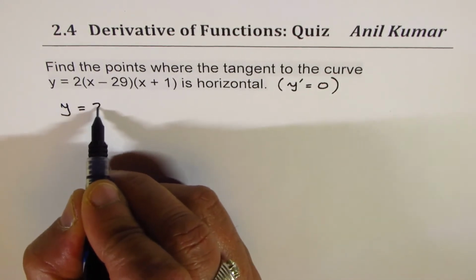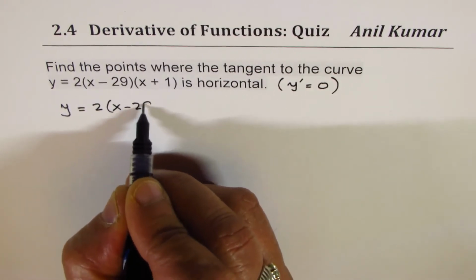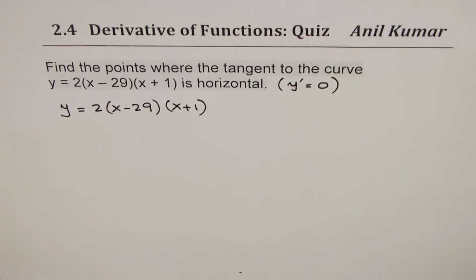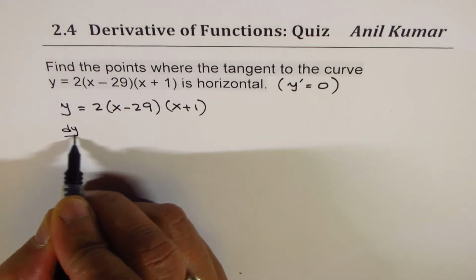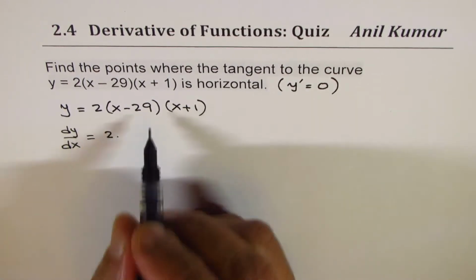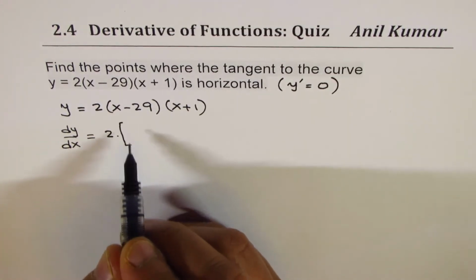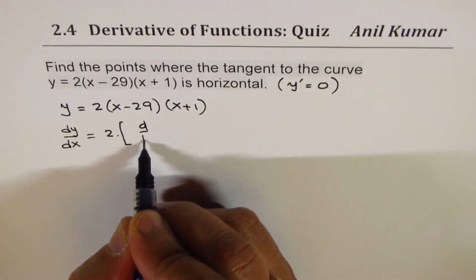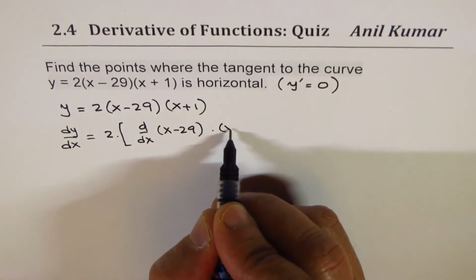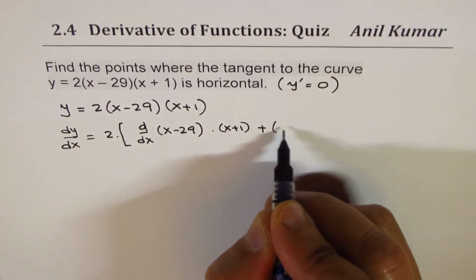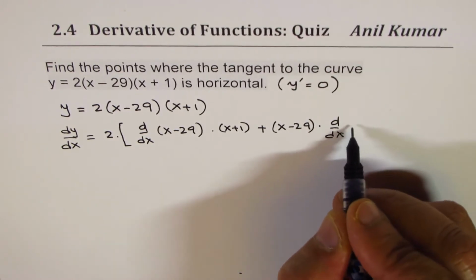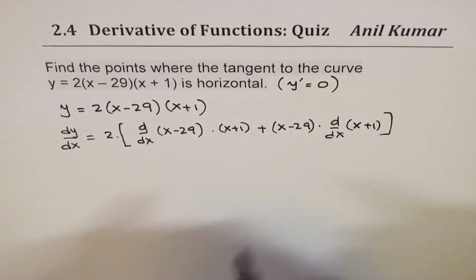We are given y equals to 2 times x minus 29 times x plus 1. We can apply the product rule here. So we have dy dx equals to, 2 is a constant, so just keep it outside, right? Now we could do derivative of the first function, let's say d dx of x minus 29 times x plus 1 plus the first function x minus 29 times derivative of the second function, which is x plus 1, correct?